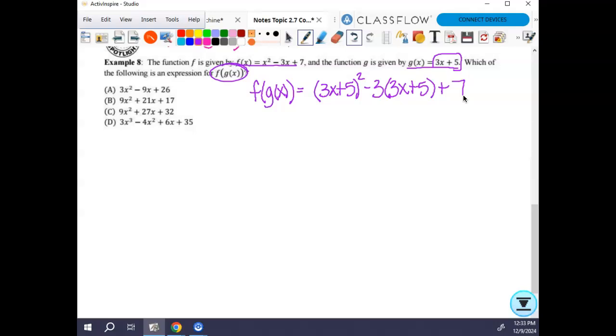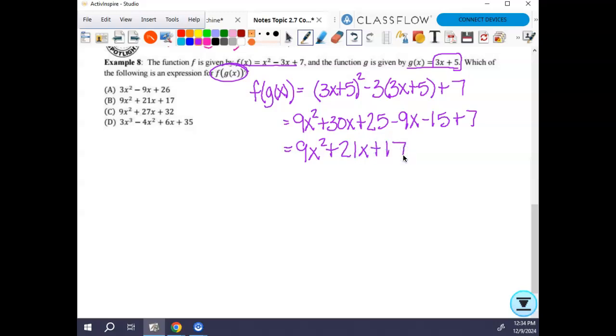While you're doing that, I'm going to hand out your assignment. Should get B. Because again, when you square this, this is what you get.